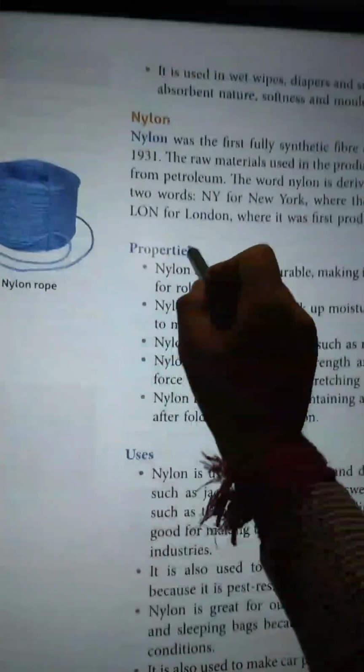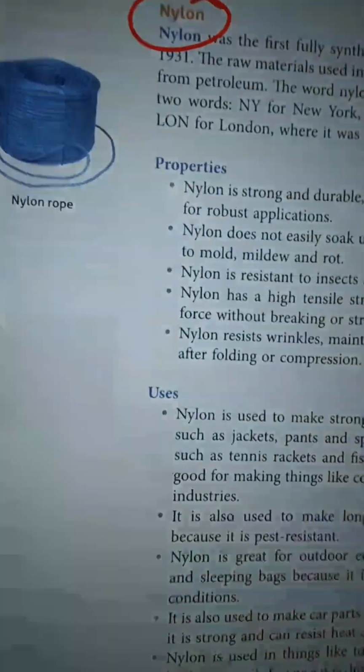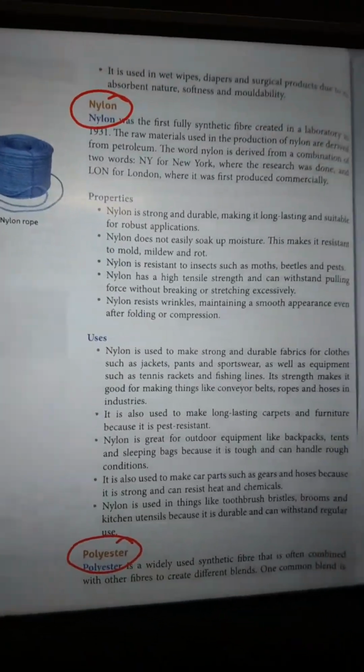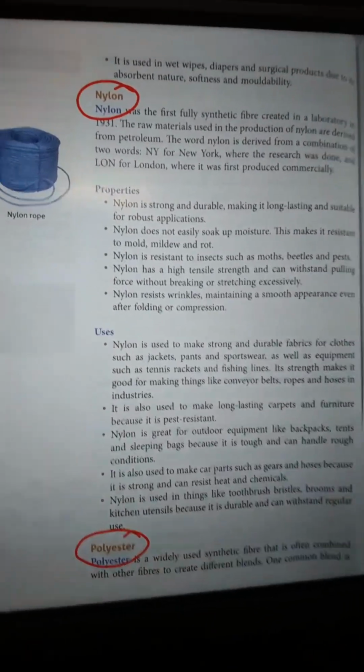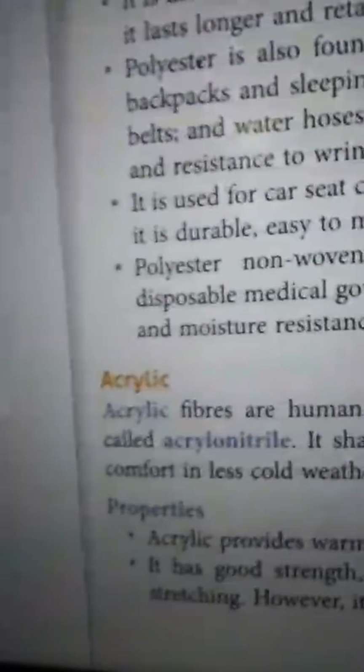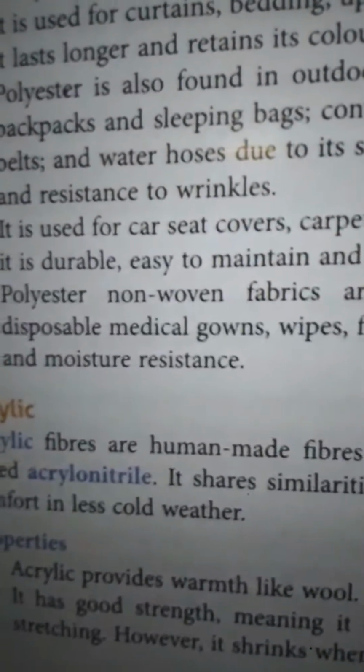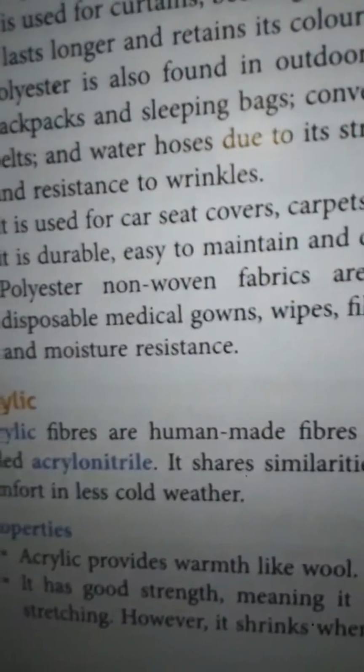The next synthetic fiber is nylon. And what was the first synthetic fiber? Type below in the comment. There is polyester. Then we read next is acrylic, and based on all these properties we decide which material is synthetic.